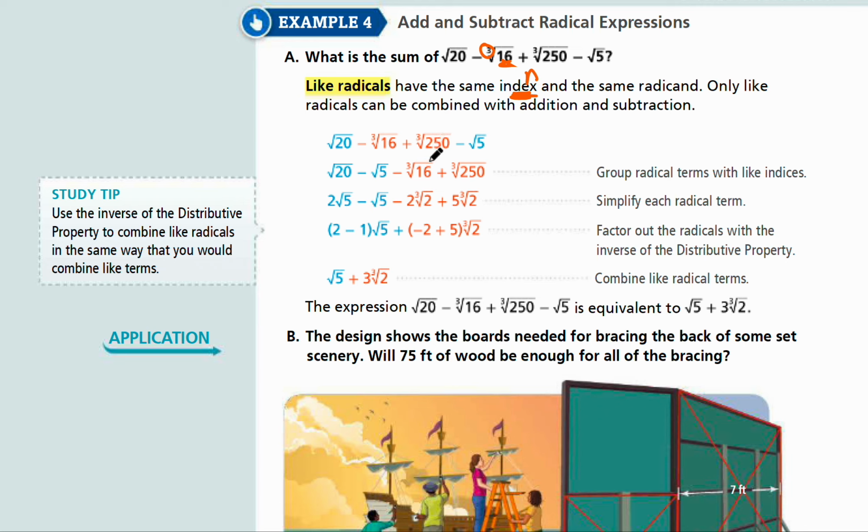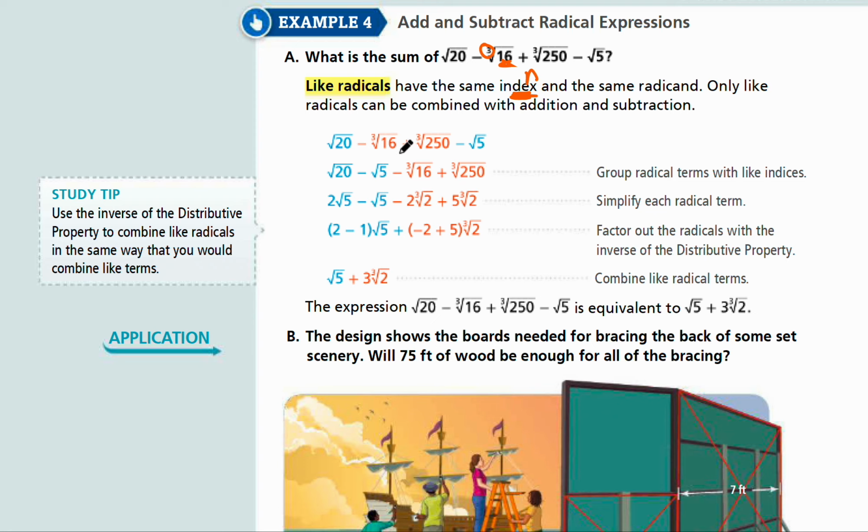So you need to simplify all your terms, and then you can add and subtract like terms. And in this case, your radicals will act like variables. And if they have the same index, then it's going to be the same like variable, right? So they're like radicals. So then you can add and subtract.